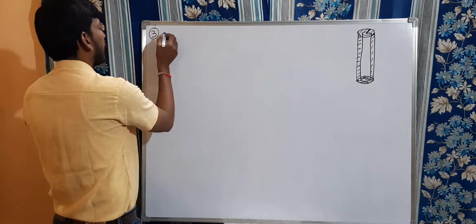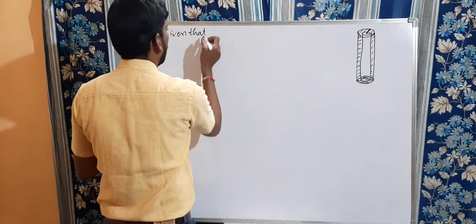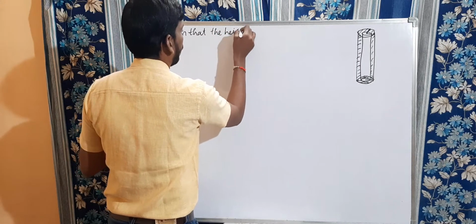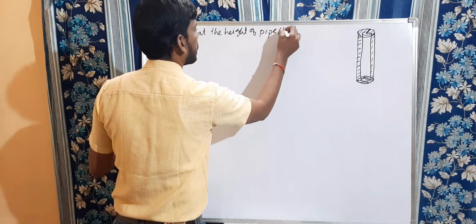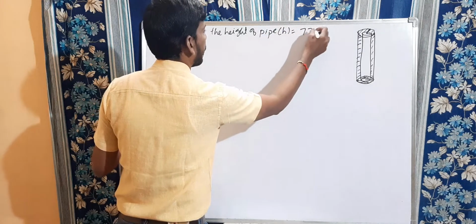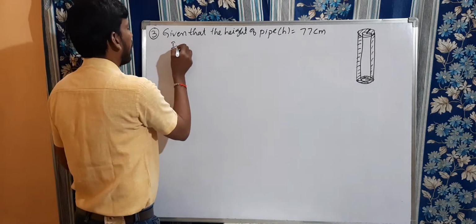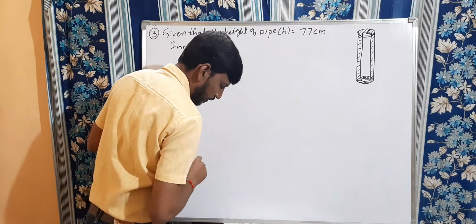Now given that the height of the pipe, that is h, is equal to 77 centimeters. Now inner radius. They have given the inner diameter, right?